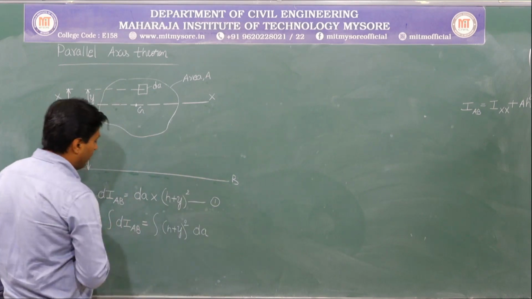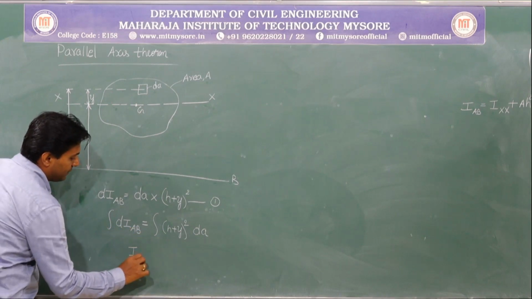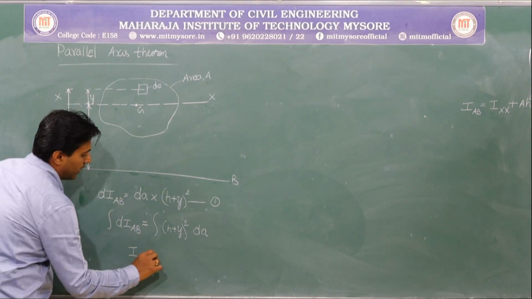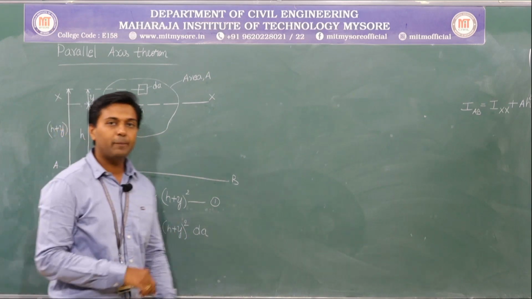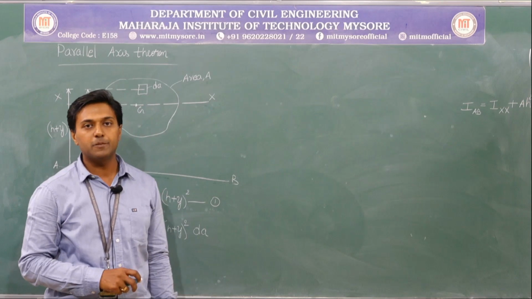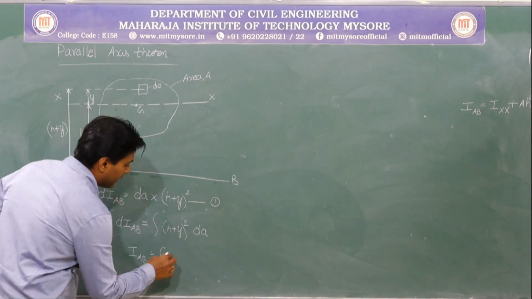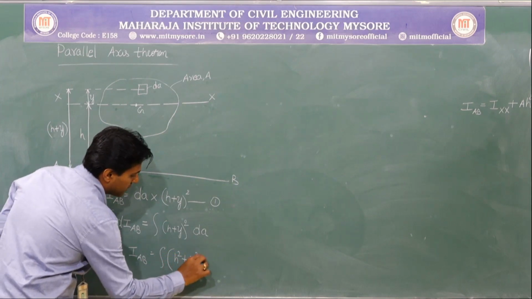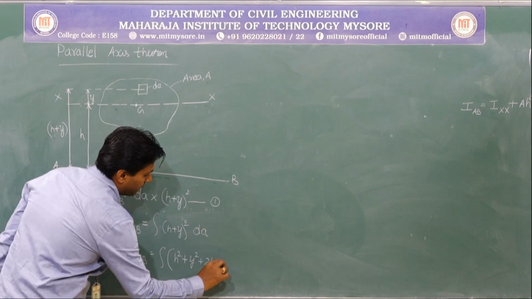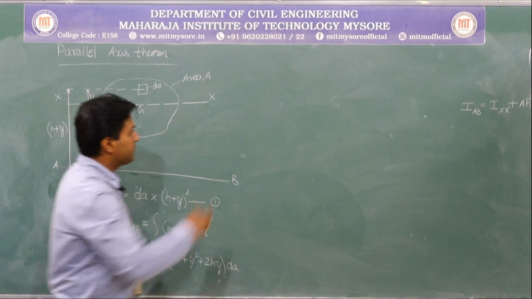Integral of dIAB is IAB. What is h plus y whole square? What is a plus b whole square? It is a square plus b square plus 2ab, the same concept I will be using here. So it is integral of a square plus b square plus 2ab into dA. Now let me open these brackets.